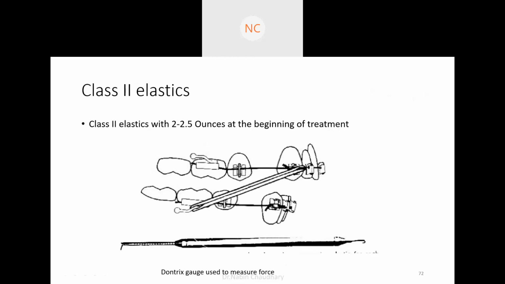During stage 1, different types of elastics are also used. The class 2 elastics with 2 to 2.5 ounces are used at the beginning of the treatment, and they are applied on the intermaxillary hook that is placed mesial to the canine bracket, and the molar hook that is placed on the lower molar. The force is generally measured through the Dontrix scale.